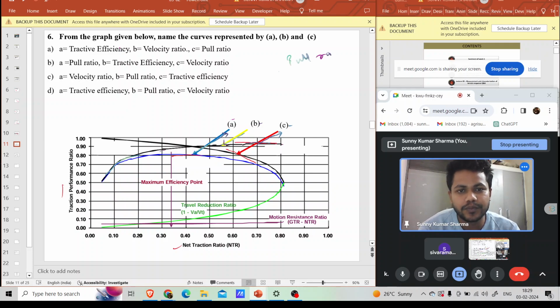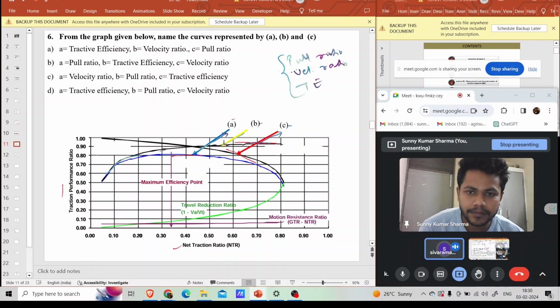Which curve is pull ratio, which is velocity ratio, and which one is tractive efficiency? A will be tractive efficiency, sir. Correct.